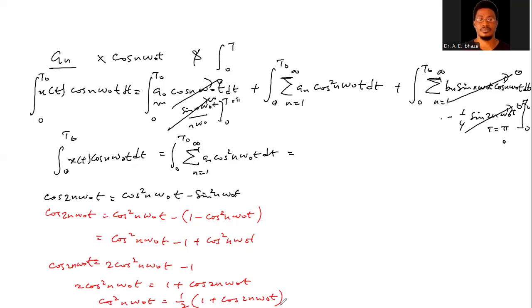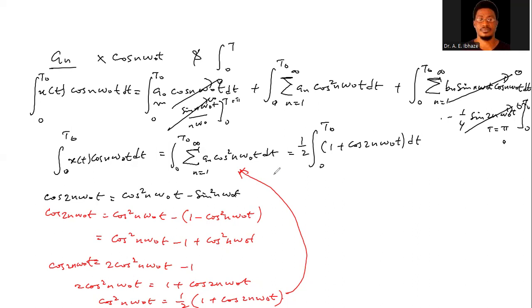So the next thing would be to equate this into this process. So what do we get? Let's change the color. It means that this will now be the same as the integral 0 to T naught. Now the half is a constant, we can bring it out. Then we have 1 plus cos 2n omega naught t dt.